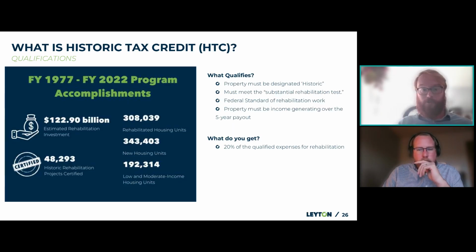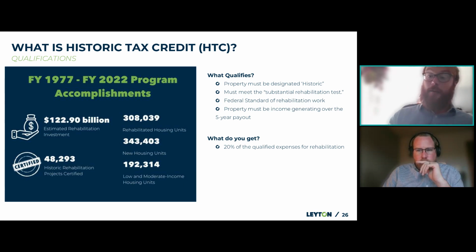So what is the historic tax credit? It is a tax credit for buildings that are designated historic by the National Park Service. To qualify, they must meet the substantial rehabilitation test, which we're going to talk about a little bit on the next slide. There's federal standards for what that rehabilitation work looks like. And the property must be income generating over the 5 years that that tax credit pays out.